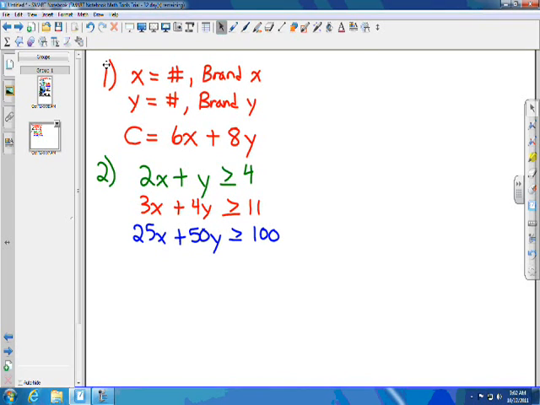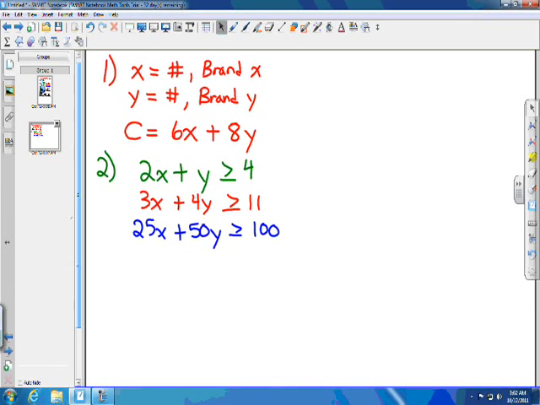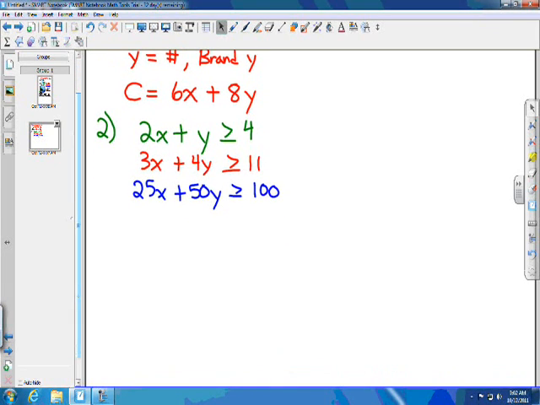What are we forgetting? Right. You can't lose your vitamin pill normally. So X will be greater than or equal to 0, and Y will be greater than or equal to 0.